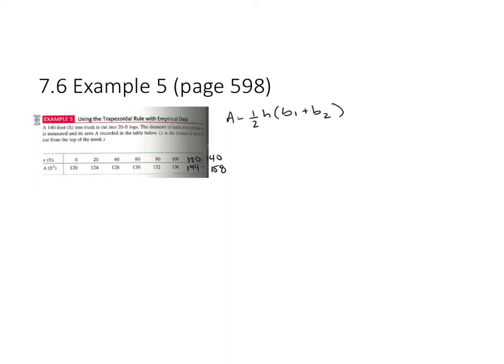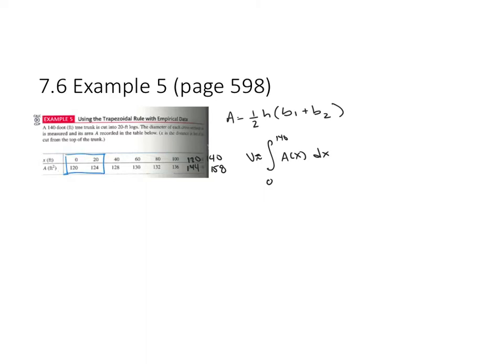So what we're going to do is estimate the area from 0 to 140. Our volume is going to be about the integral from 0 to 140 of each one of these areas times dx. Let's take a look at this first one.